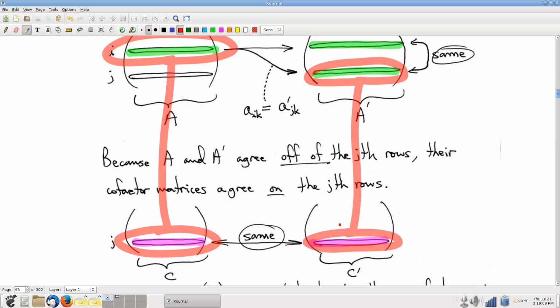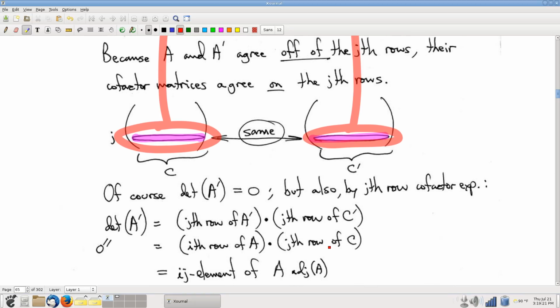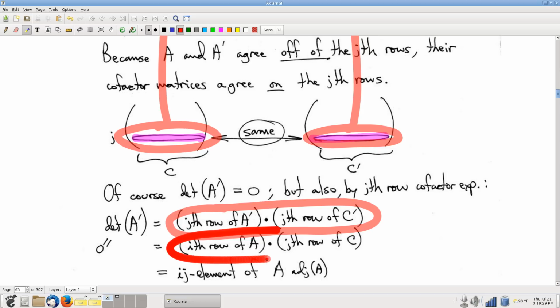Exactly the same arithmetic, because these two green rows are the same by definition, and these two purple rows are the same by the argument we just made about how cofactors are computed. So that means that this dot product is equal to that dot product.